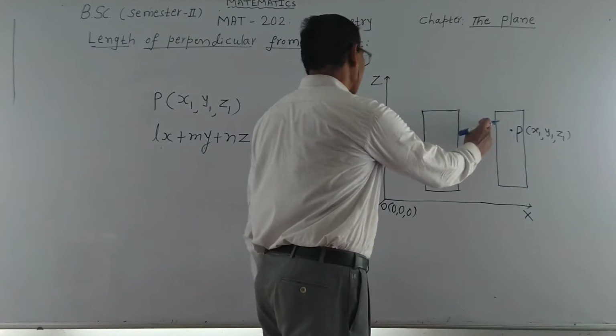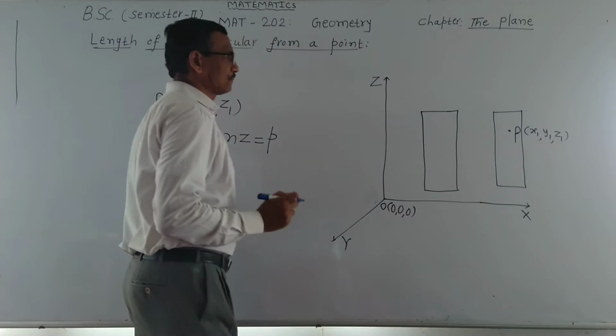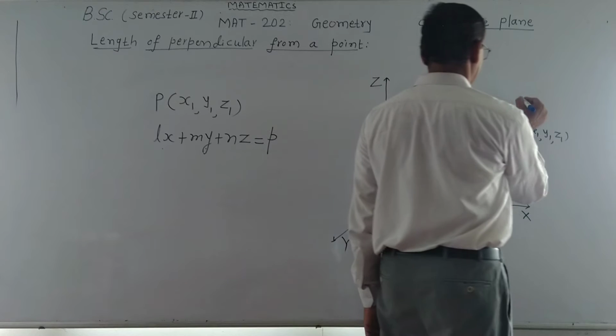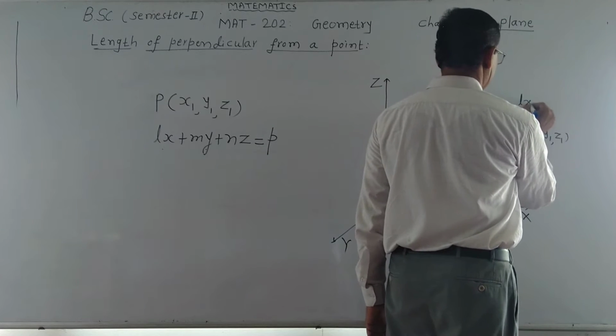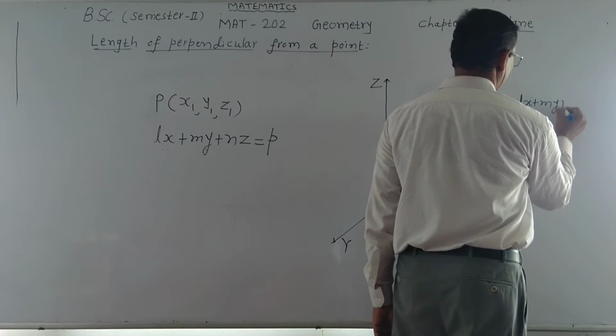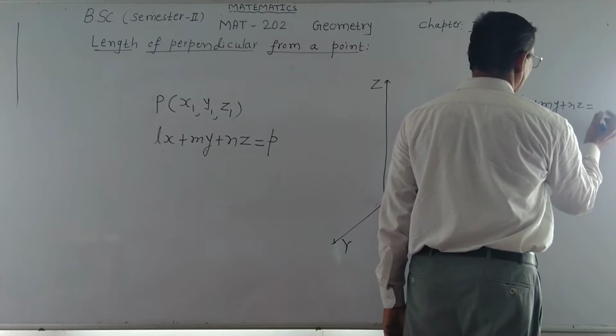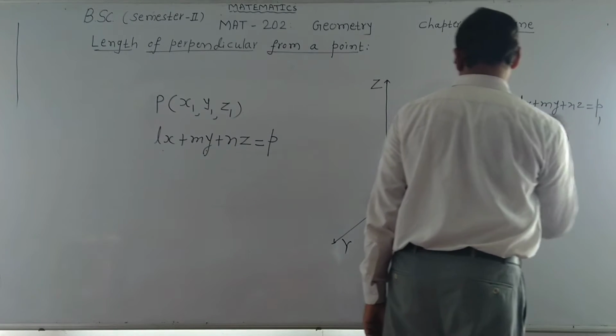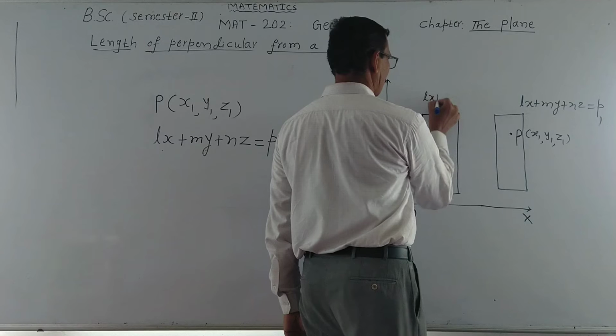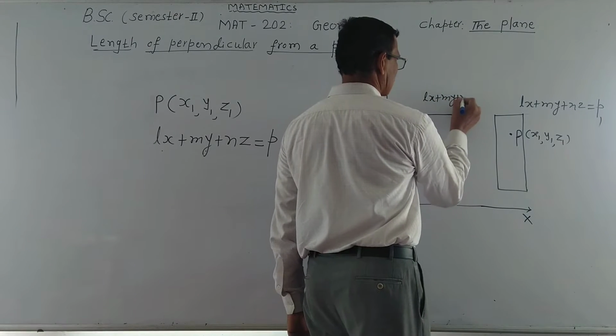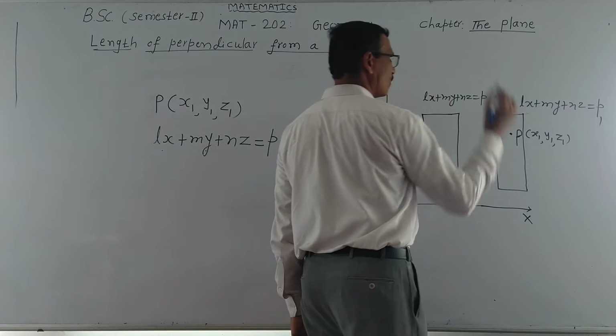Suppose the equation of this plane is Lx plus My plus Nz is equal to p1. And this is the plane Lx plus My plus Nz is equal to p.